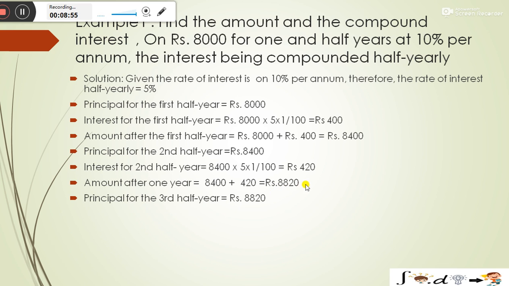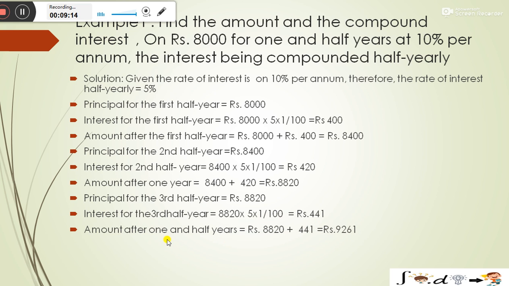And now this 8,820 is the principal for the third half year. And now for interest for third half year, 8,820 multiplied by 5 multiplied by 1 by 100, that is equal to rupees 441. And amount after 1.5 years, 8,820 plus 441, that is equal to rupees 9,261.